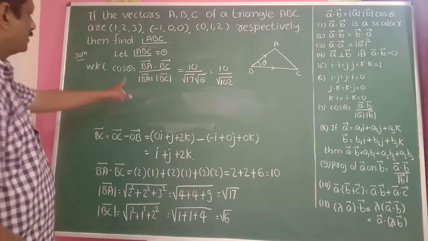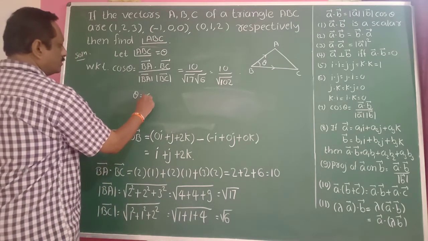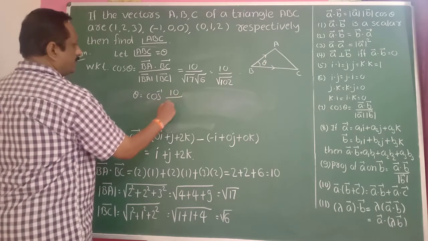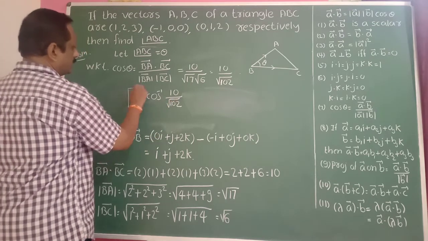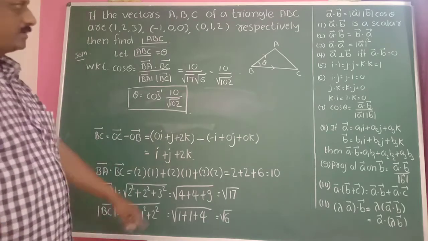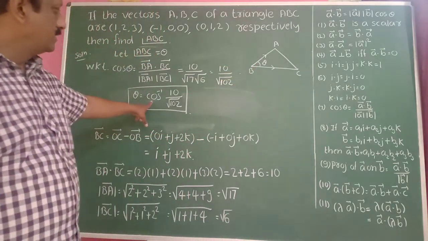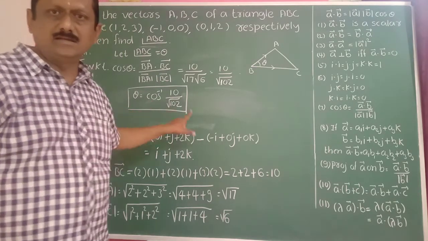Then take the cos to the right-hand side: theta is equal to cos inverse of 10 divided by root 102. So this is the required angle. Angle ABC is cos inverse of 10 divided by root 102. This is the answer.